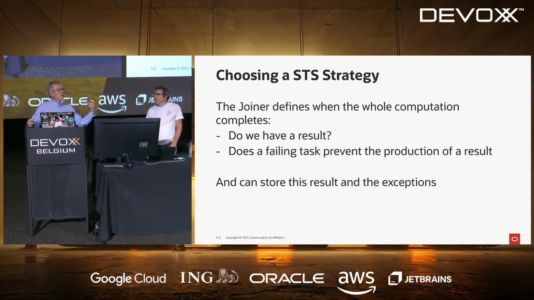Okay, so having exceptions may not be an issue. Maybe it is, maybe it is not. It really depends on your application use case. But the joiner interface is versatile enough so that you can really define the strategy you want to implement. Do you want to talk about the standard joiners?